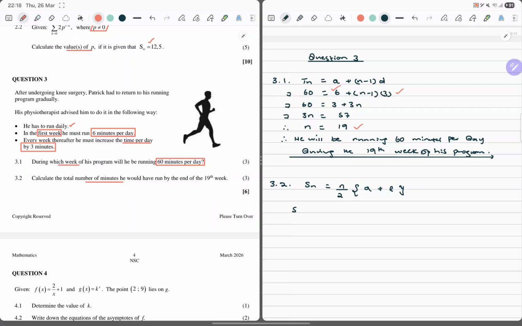There are some spots that keep repeating, so I think we are at liberty to say this is going to be 19 of these divided by 2, but A is going to be 6 times 7. This is 6 times 7, which gives us 42.